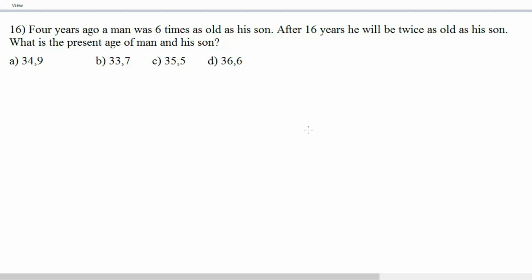Question number 16. 4 years ago, a man was 6 times as old as his son. After 16 years, he will be twice as old as his son. What is the present age of man and his son?